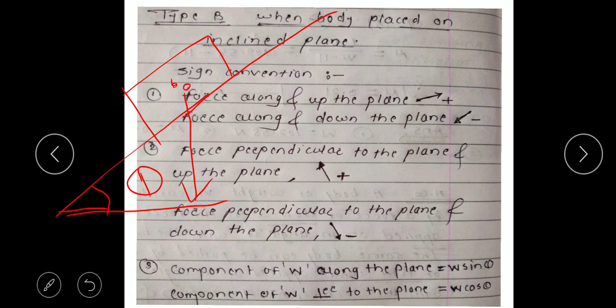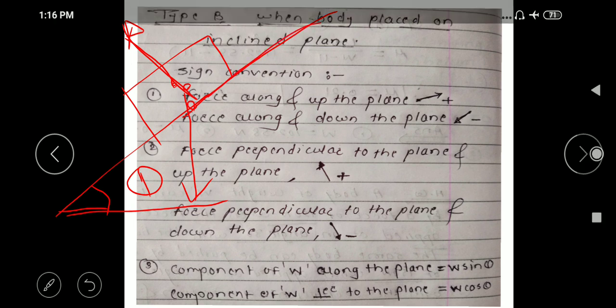But due to the mass, the surface will show one reaction force, and that reaction force will be perpendicular to the plane.